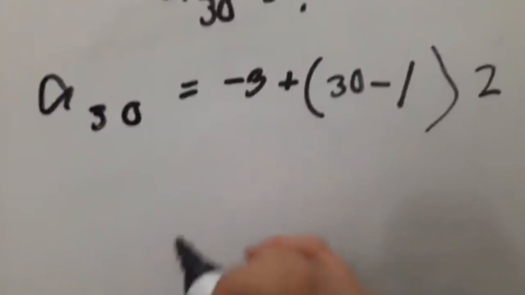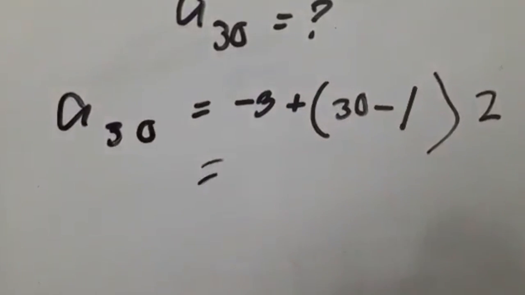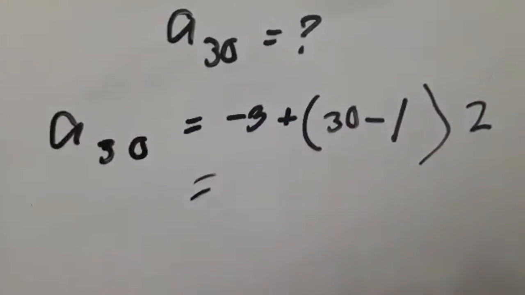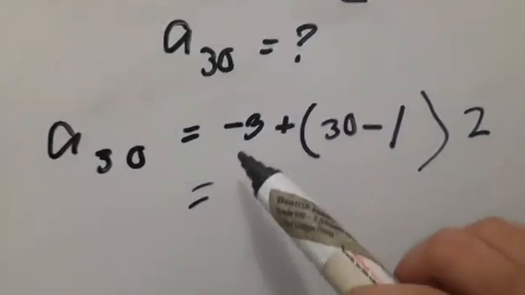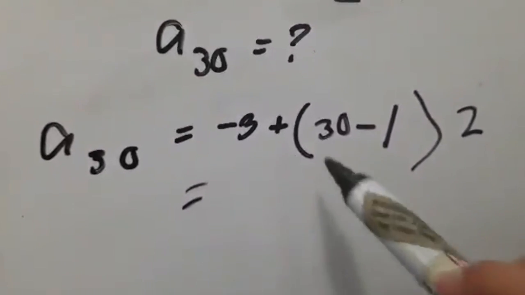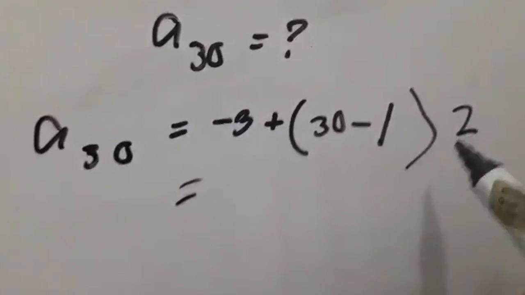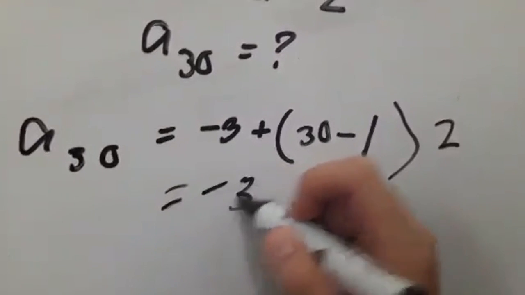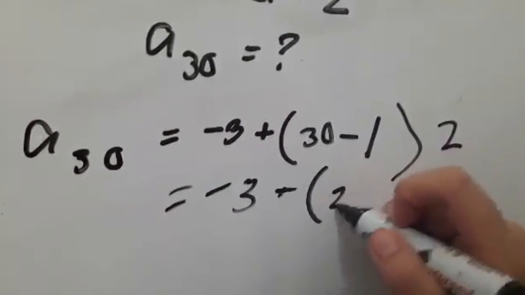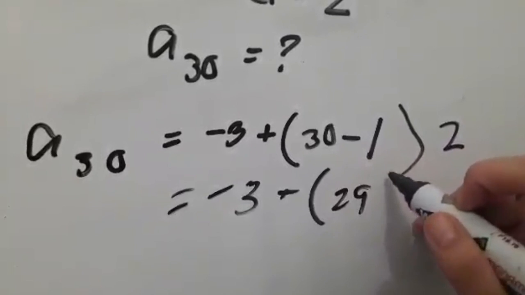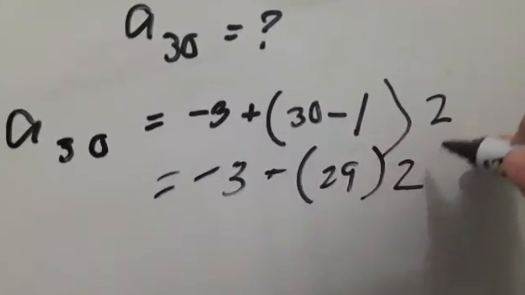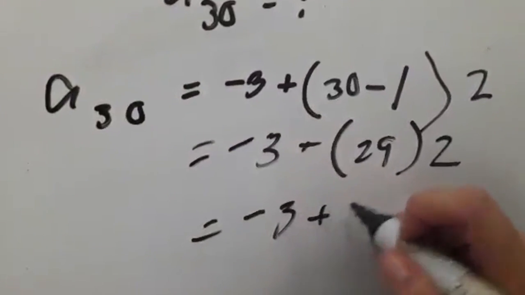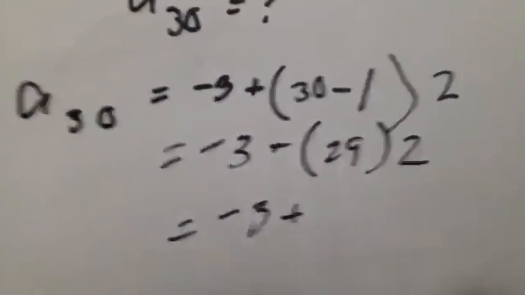Next, we simply solve. When solving for the 30th term or whatever term was required of you, first ignore a1 and do the right side first. So, n minus 1 is 29. That will be multiplied by 2 because the d is 2. -3 plus 58.